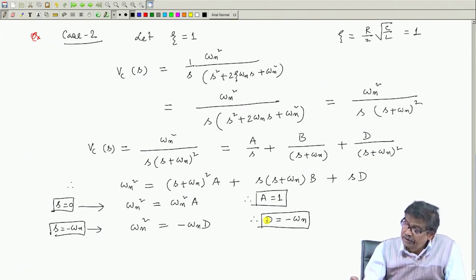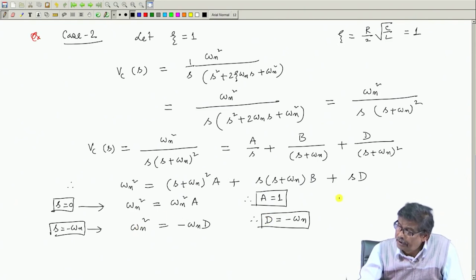Then I have to get this value b, so my equation now has a and d known.